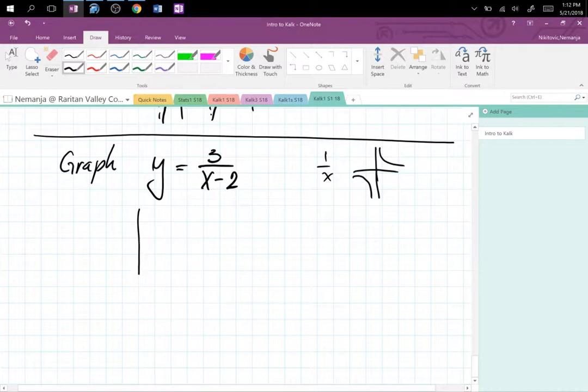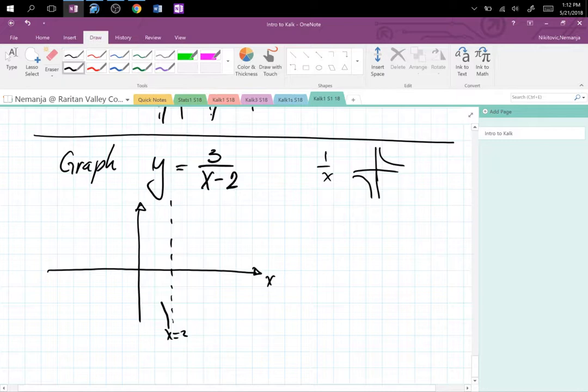So to graph this, I still have my horizontal asymptote at y equals 0. My vertical asymptote moves to x equals 2. And now I draw the same function.